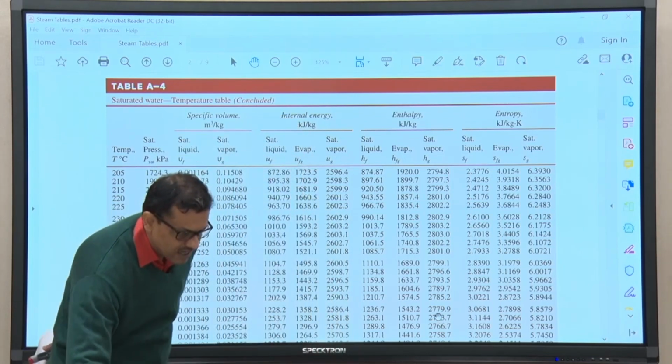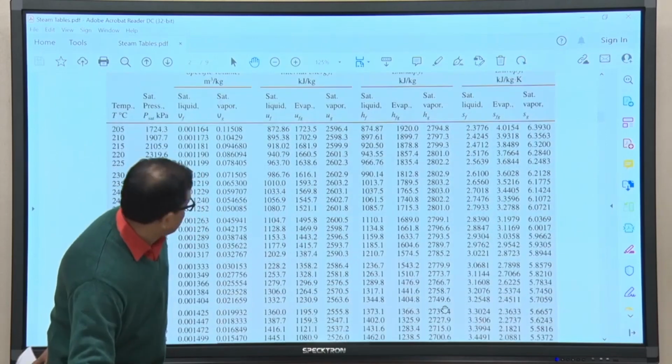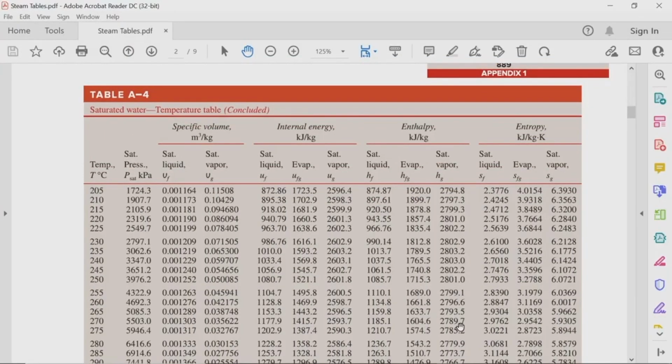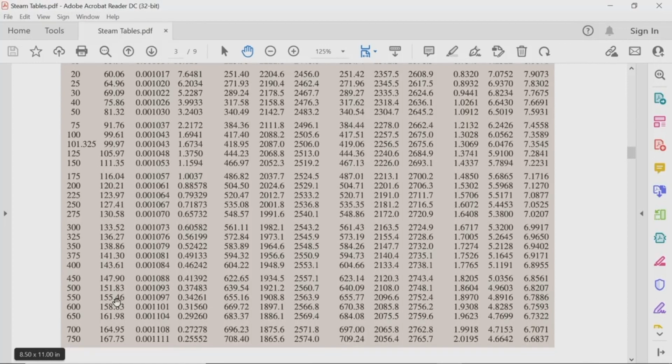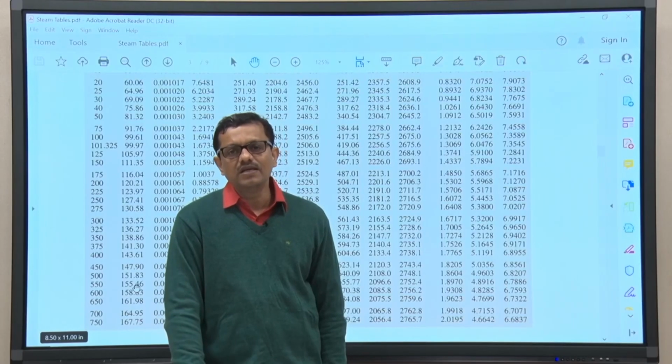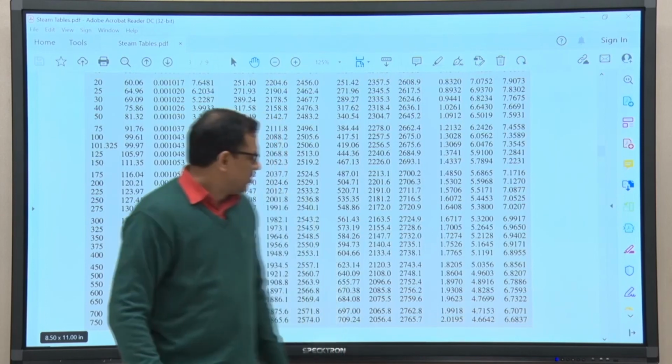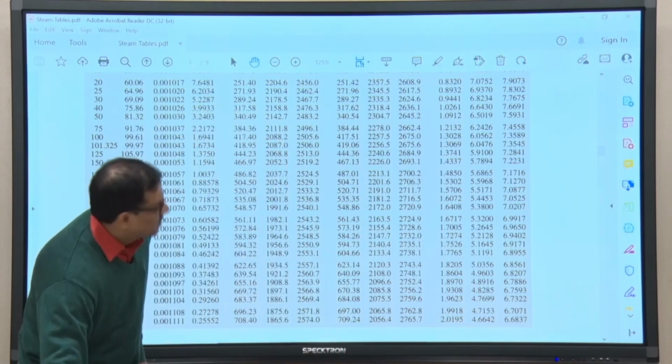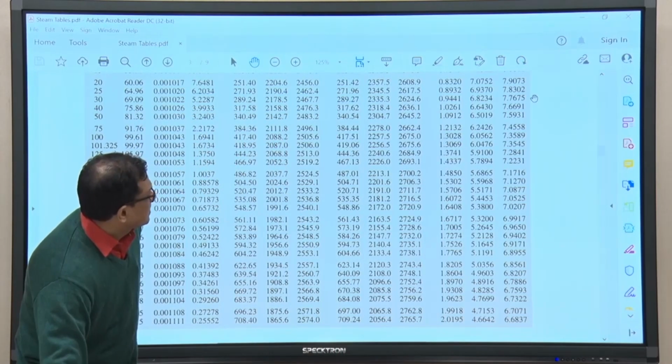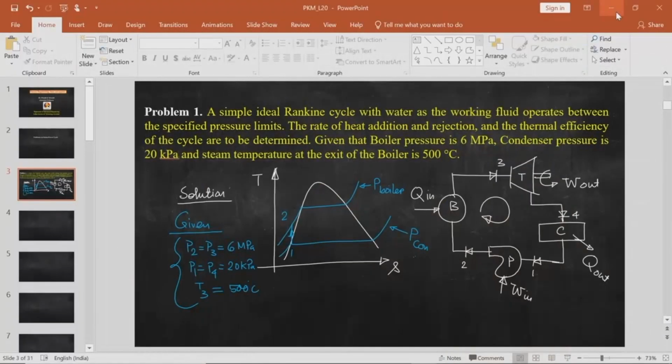So, let us look at the saturated water pressure table. The given temperature is 500, so it is well above the saturation temperature. So, definitely point 3 will be in the superheated regime. Now if we go to the slide, we can locate point 3.